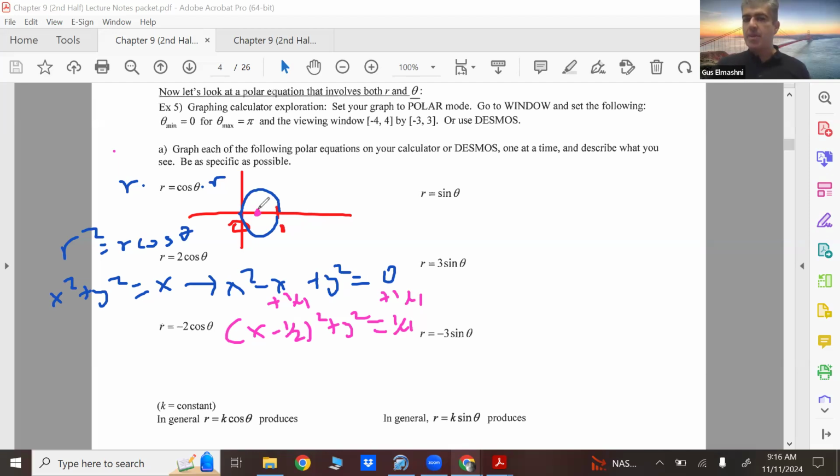So you're gonna expect something pretty similar for r equals sine theta. Actually, I'll just tell you right now how it looks. It's gonna be another circle, but how's it gonna be oriented? It's gonna be vertical. Yep, it's gonna be vertical. Meant to switch colors. My apologies.